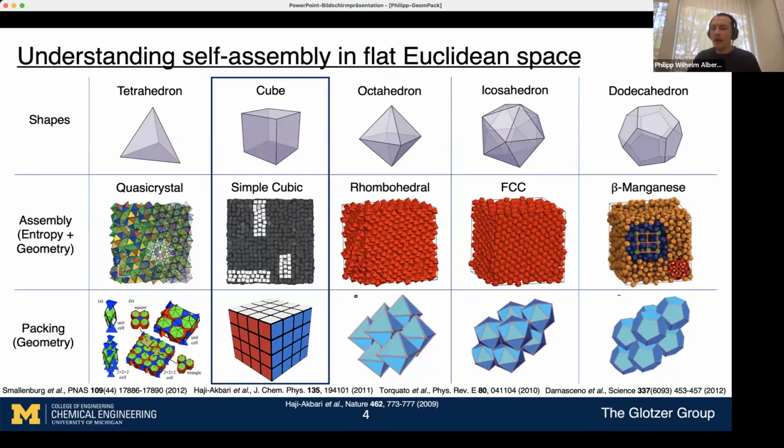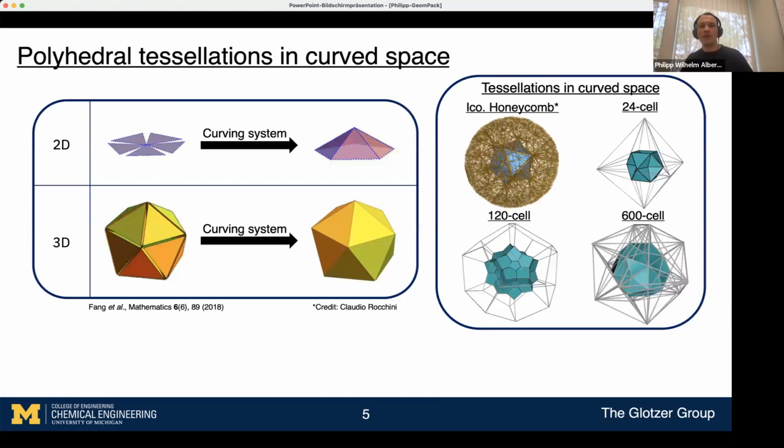And the idea we had is basically curving space. Because when you think about how can you get rid of this geometric frustration and gaps within a crystal structure, one way is, of course, curving space. So here in the top layer, this means just if you have triangles which don't fit perfectly and they form gaps, what you can do is to just pop into the third dimension and then make them align.